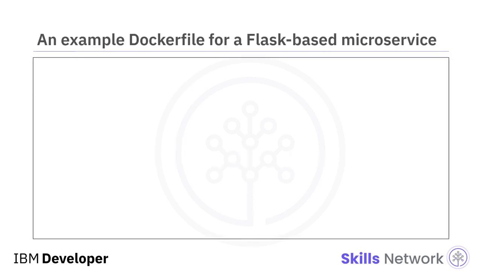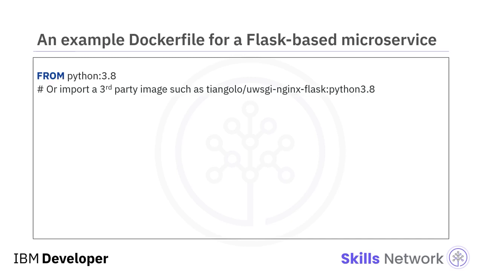Next, let's see a Docker file example for building a Flask-based microservice. The first line of a Docker file starts with the FROM instruction to specify the base image that subsequent instructions will build upon. This base image is often from a public repository, like an operating system, or a base image from a specific language like Python here.